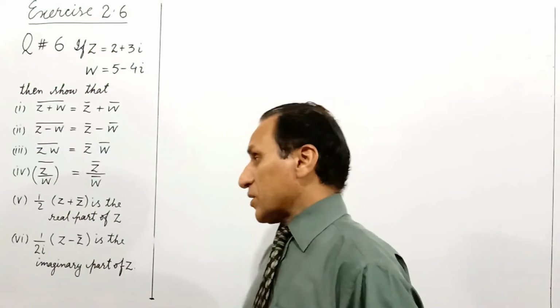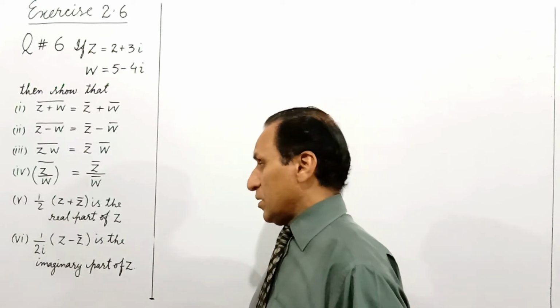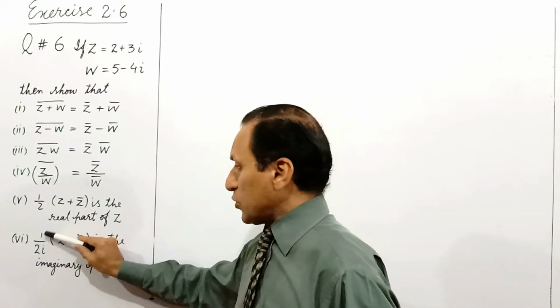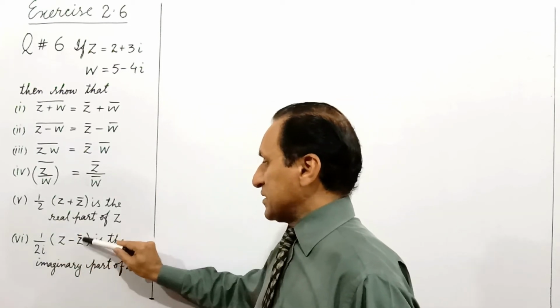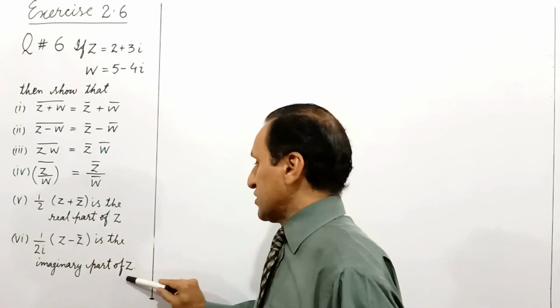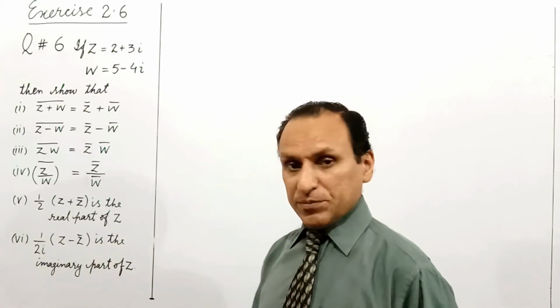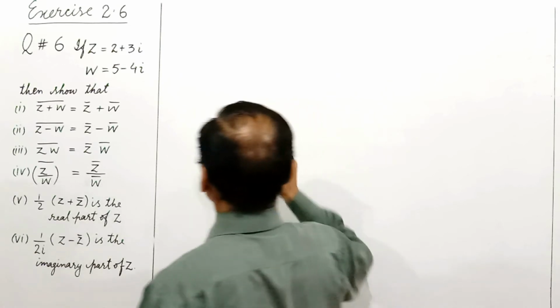Let's move to the part 6, in which we are required to show that 1 over 2 iota into Z minus Z bar is the imaginary part of Z. So let's prove it.